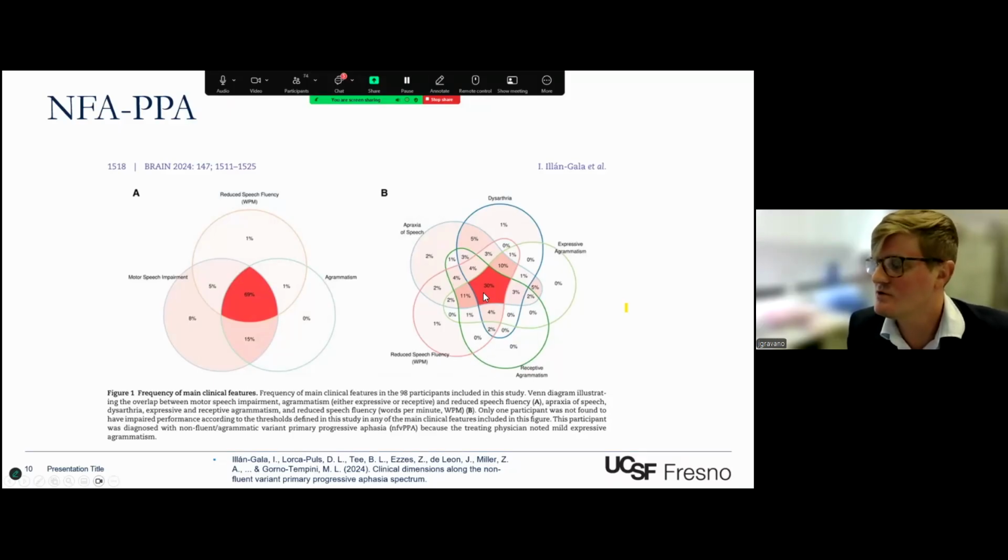And of course, a minority of patients in this cohort have all of these, about 30%, whereas you can see the combinations in different orders here. So there's a lot of heterogeneity in speech and language production in this particular syndrome.